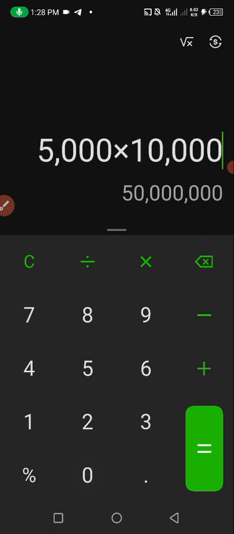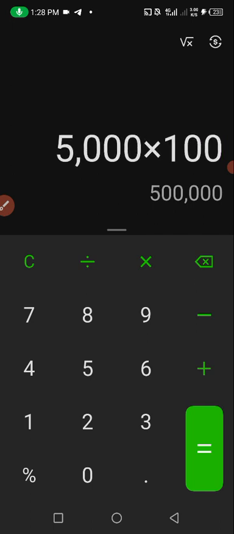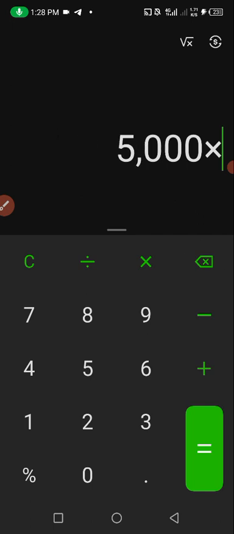ForceCoin hits $10,000, that's $50 million. ForceCoin hits $100,000, that's $500 million. So it keeps going. The more ForceCoin you get and the more value ForceCoin increases, the more money you make. So this is a long-term thing.